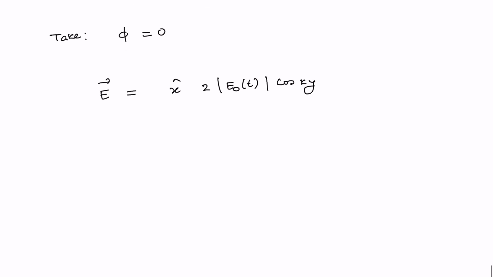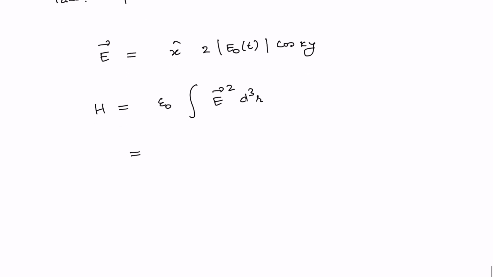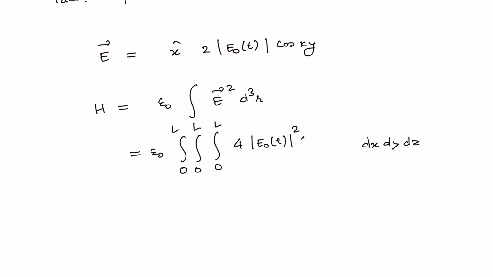So now let us do the integral, because I have the expression for the electric field. Epsilon 0 E square d3r, if I put the value of the electric field, is a triple integral, so I have dx dy dz, where x goes from 0 to L, y goes from 0 to L, z goes from 0 to L, and I have 4 mod E0 of t squared and cos square ky.